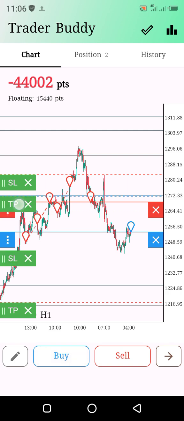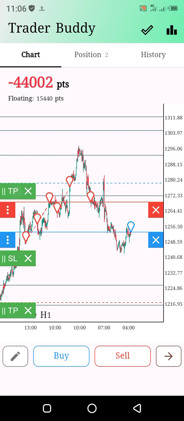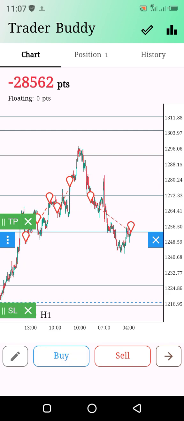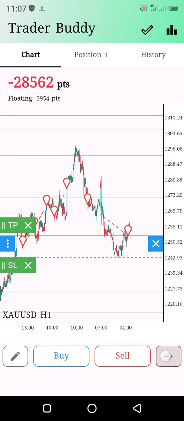So we shall buy here. TP is going to be at the top here. Close out this sell, and then afterwards TP is going to be underneath. So let's wait.